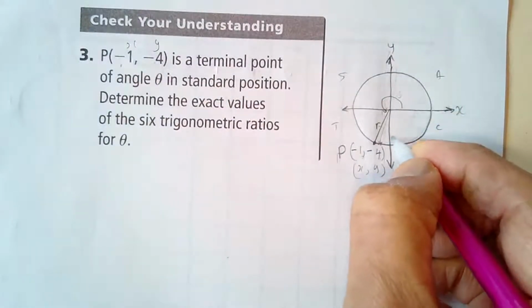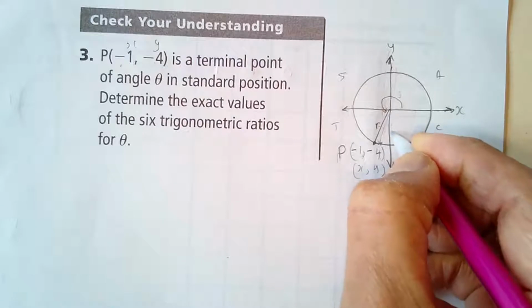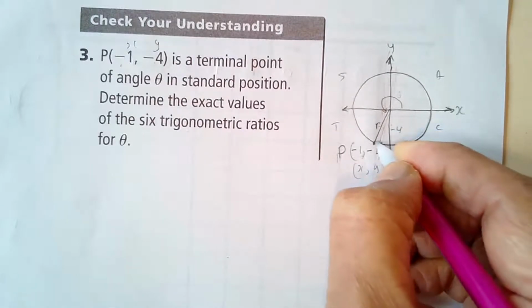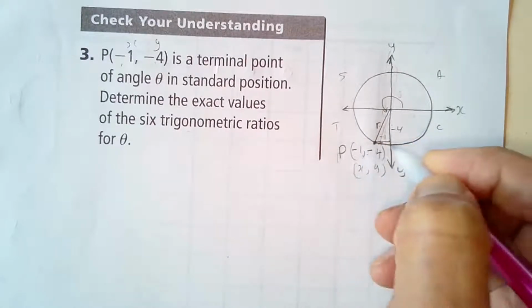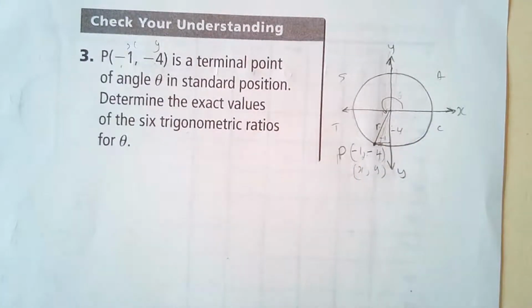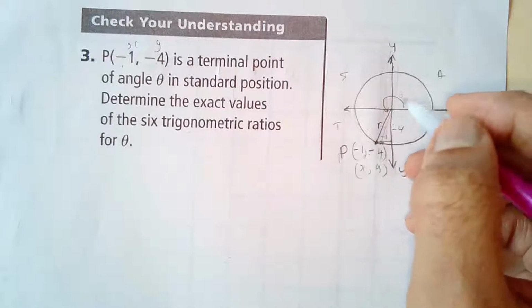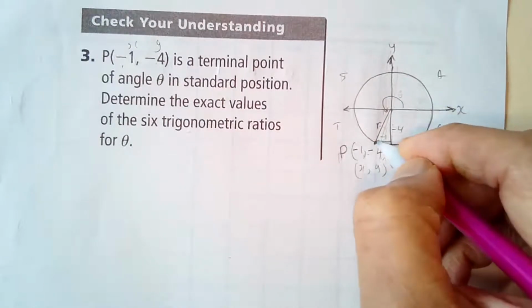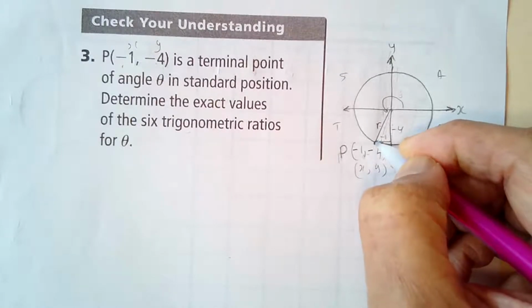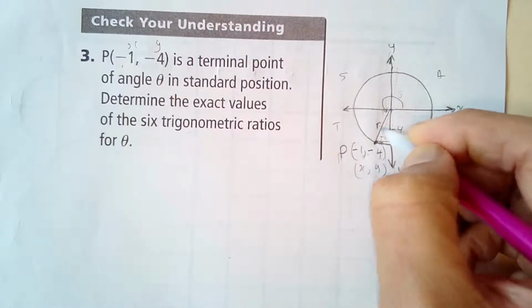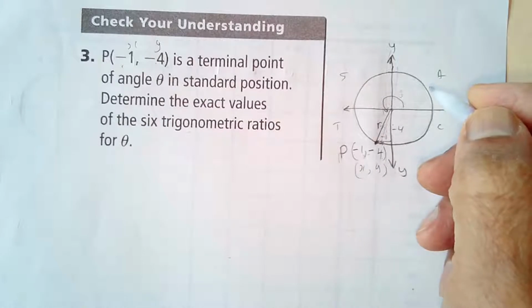So this point here is -1, -4. We let the distance between the origin and the terminal arm here on the circle be r.